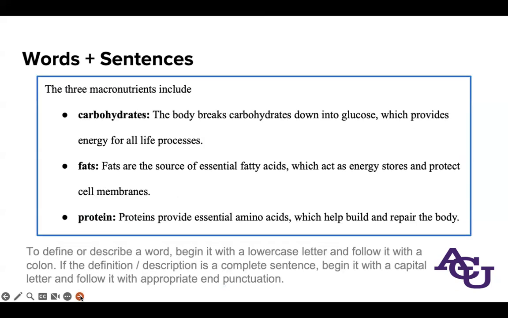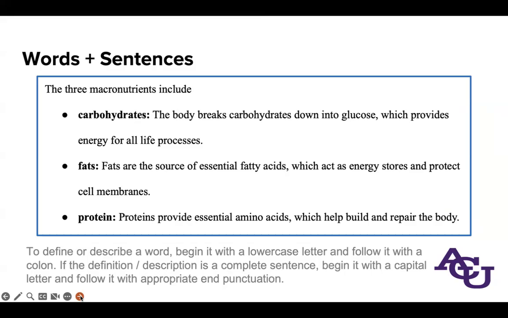Here is how you will format the list if you have a word followed by a complete sentence. So if we want to define or describe a word here, we again begin it with a lowercase letter. The three macronutrients include carbohydrates, fats, protein. Those all begin with lowercase letters. I've followed them with colons, which again, APA says is an acceptable way to do this.